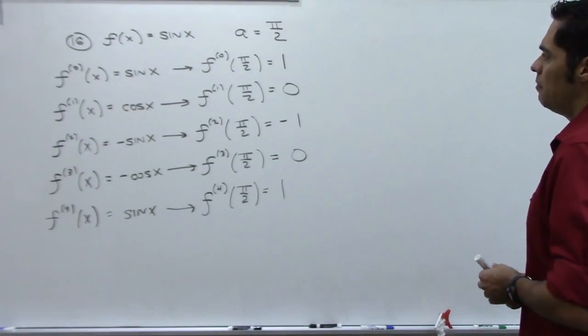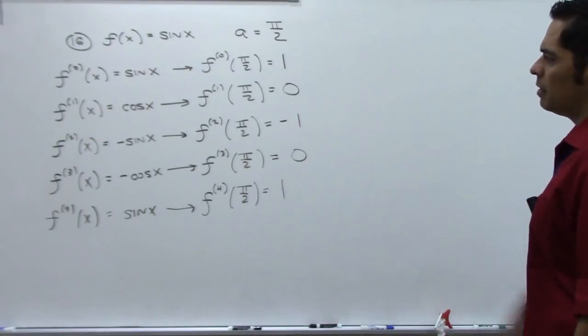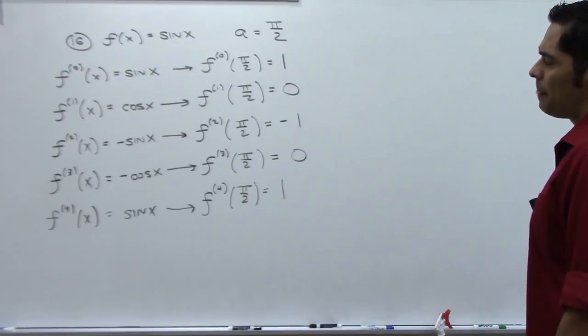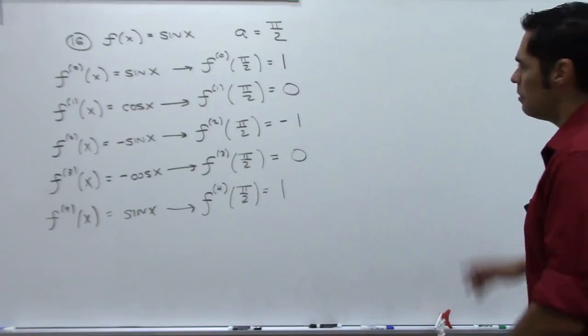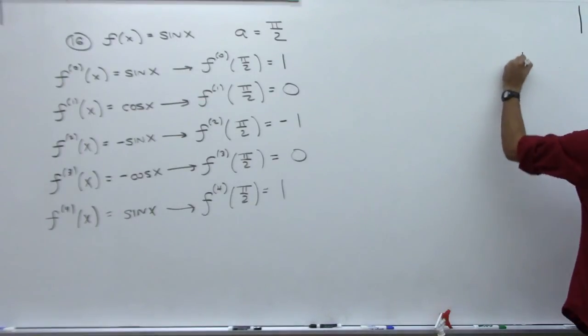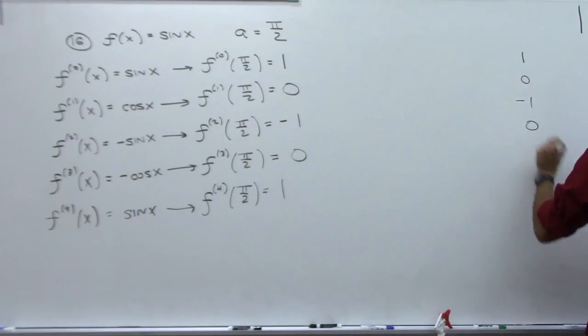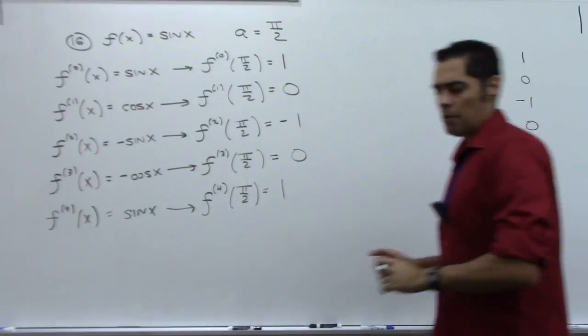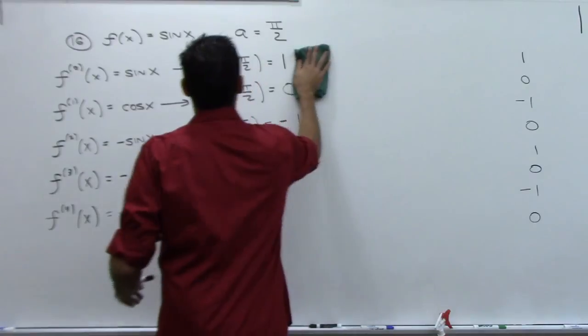For this one, because I don't have a nice clean formula for the c sub n, I'm going to write out these values. Just remember 1, 0, negative 1, 0, and then it repeats. I'm just going to write it out for sine of x.